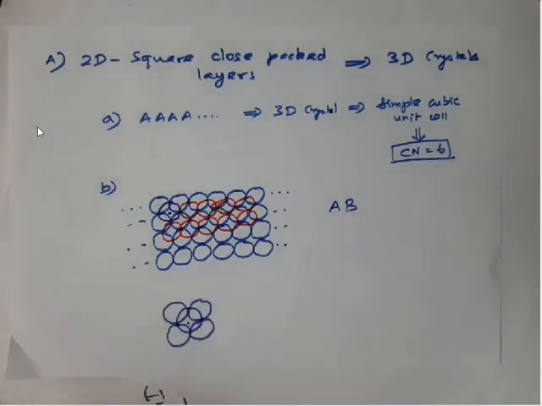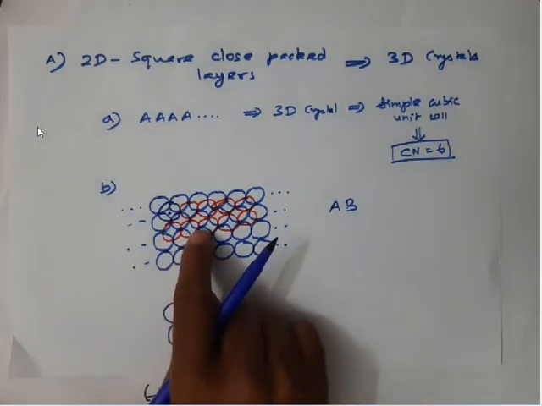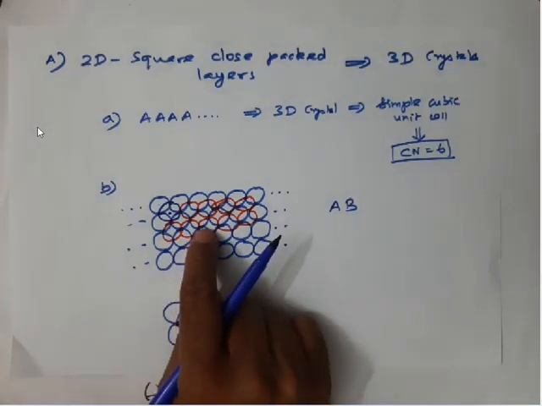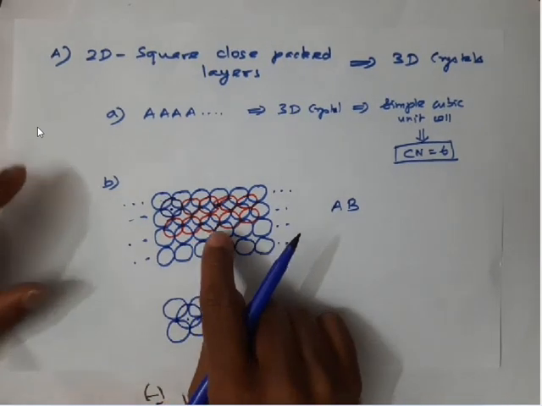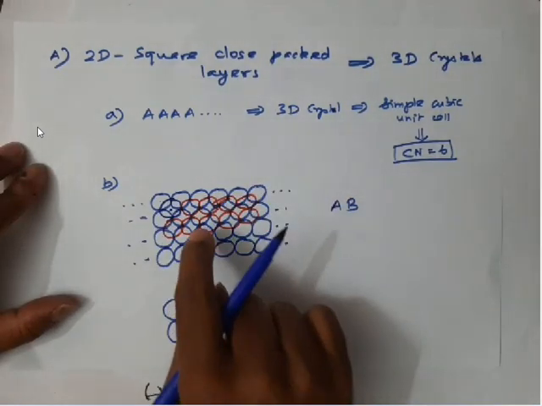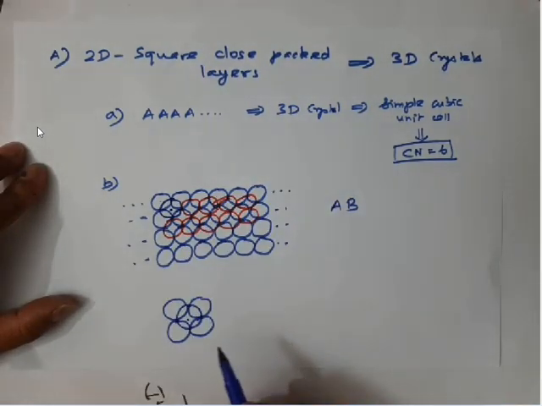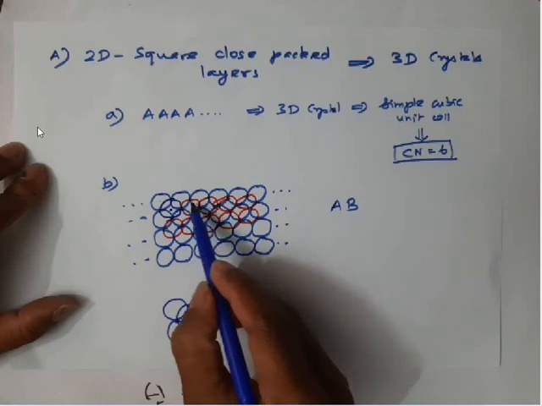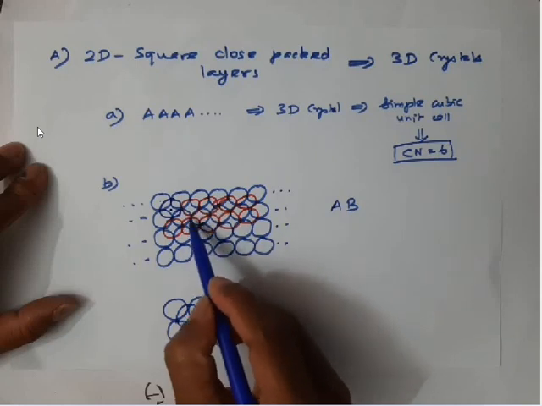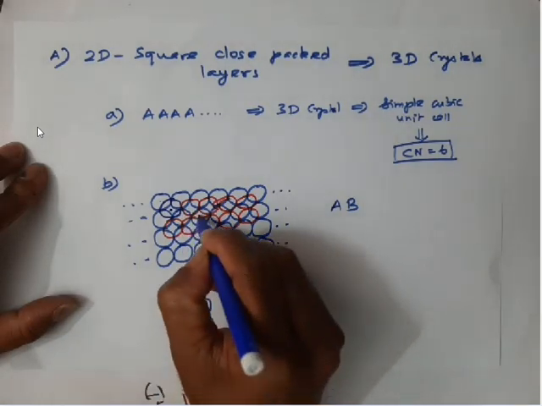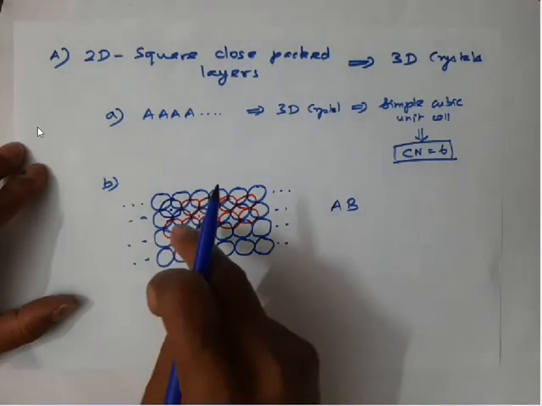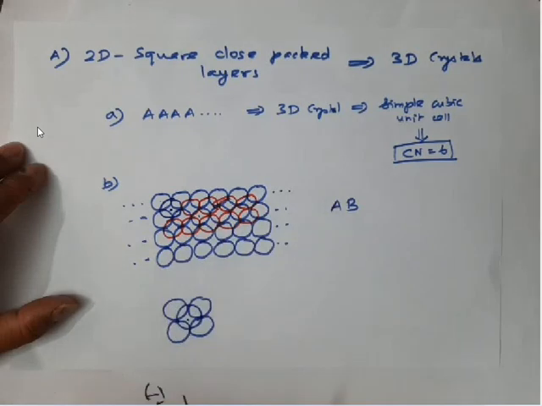Now what I'm going to do is place the third layer atoms on the depressions of the second layer atoms. Students, it's very, very important. Observe this carefully. I'm going to place the third layer atom on the depressions of the second layer. Here you can see the red color circles. Now if I place an atom at the center of the red color circles, that atom will coincide with the first layer atom.